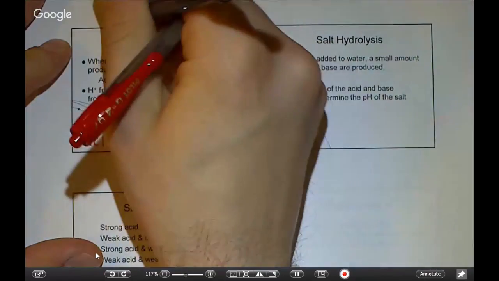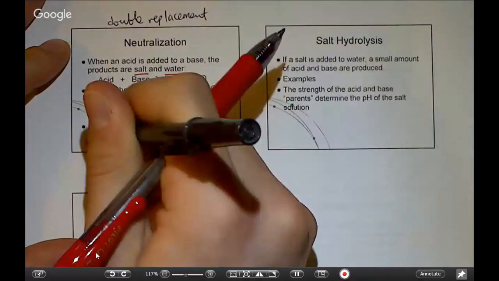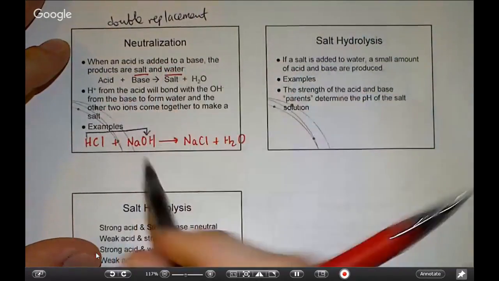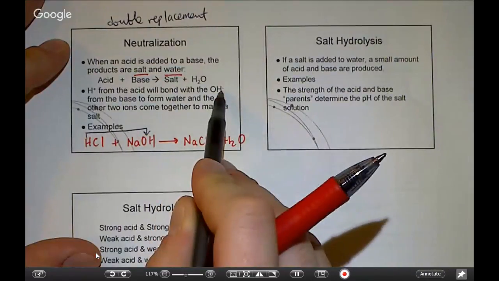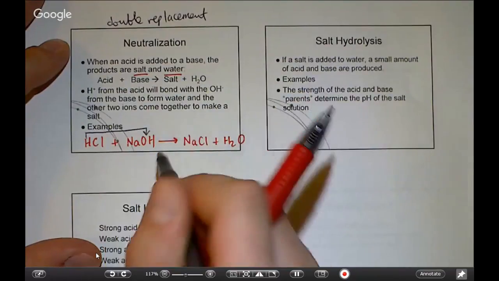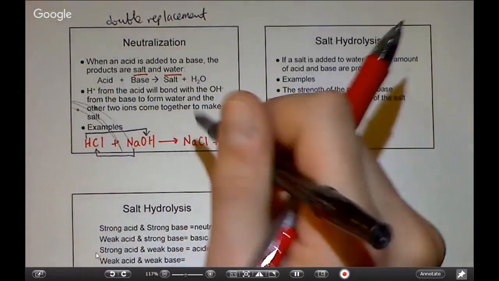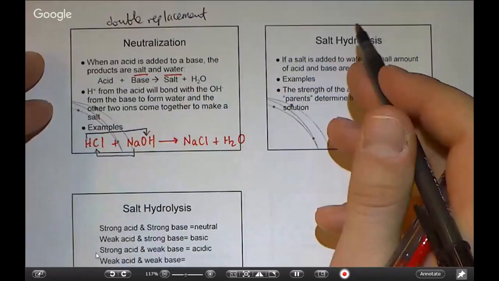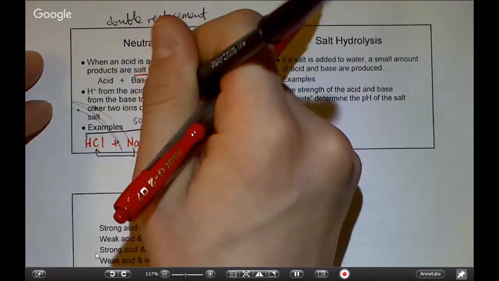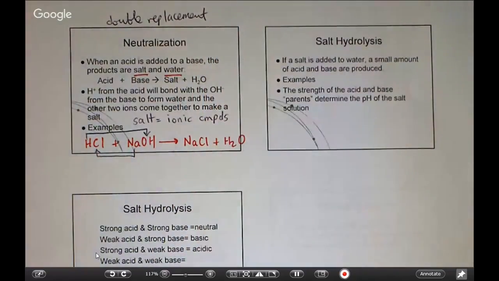This is a double replacement reaction where hydrogen is going to go hang out with hydroxide. So the H plus from the acid bonds with the hydroxide from the base to make water, and then the other two ions come together to make a salt. So sodium and chloride in this case come together to make the salt. And realize too, as we said before, that salts are ionic compounds. It doesn't matter what salt we're dealing with, it is an ionic compound.